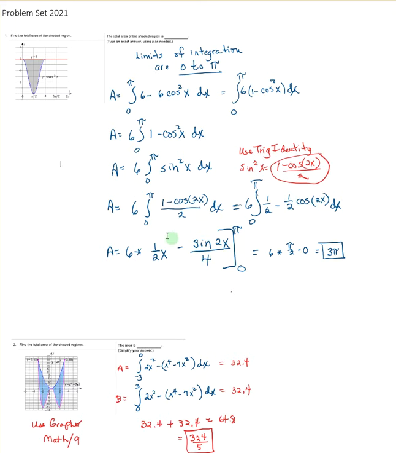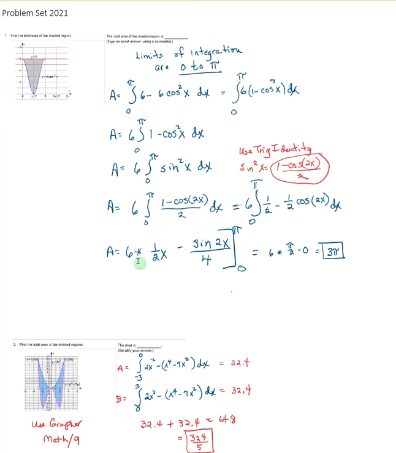When evaluating, you have the 6 on the outside, and if you integrate 1/2, you get 1/2 x. When you integrate the cosine term, you get sine 2x over 4, because we had this 1/2 and another half from the u substitution. Then you evaluate that from 0 to pi.